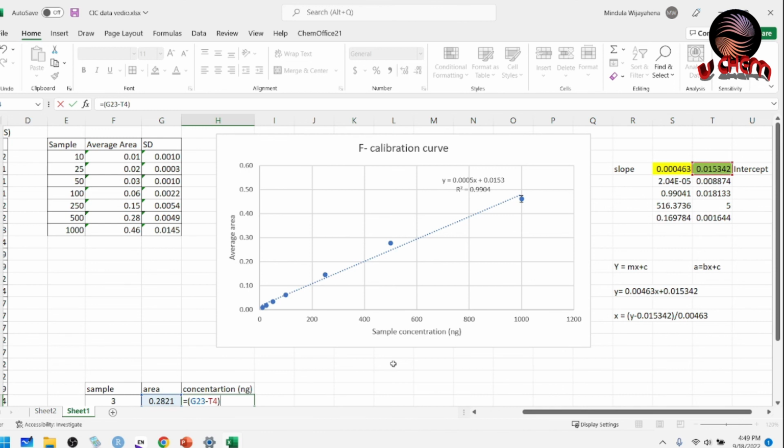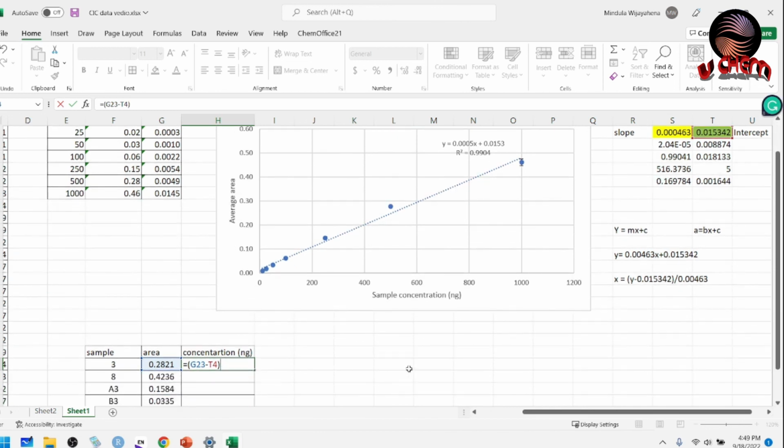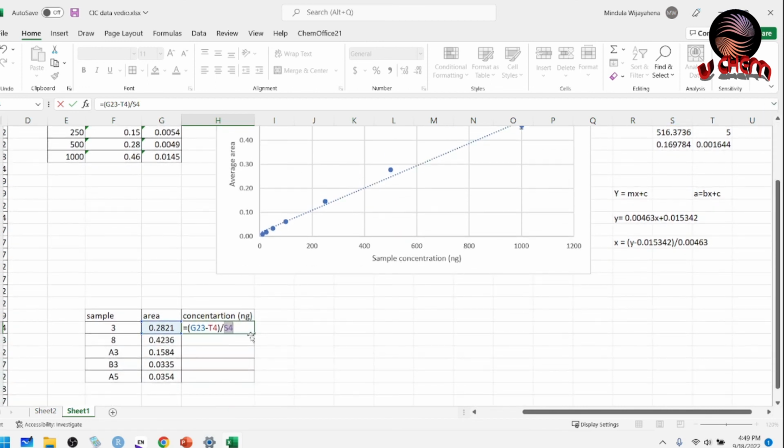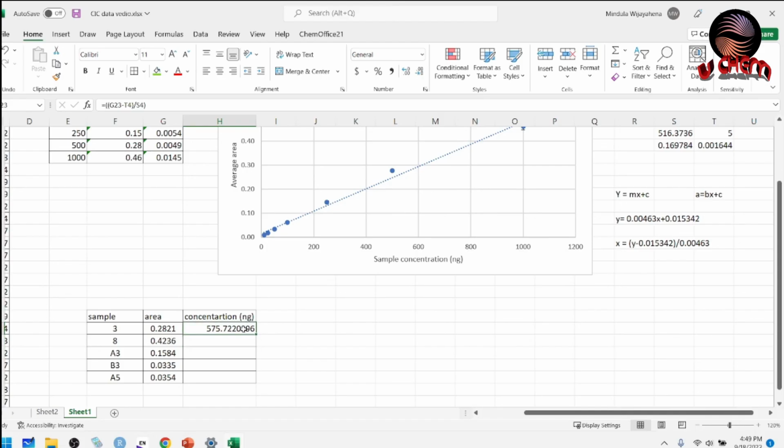Then divide by which value? The slope here, right? Then enter. Nice. This is the one. Now this is the X value that corresponds to my sample number 3.